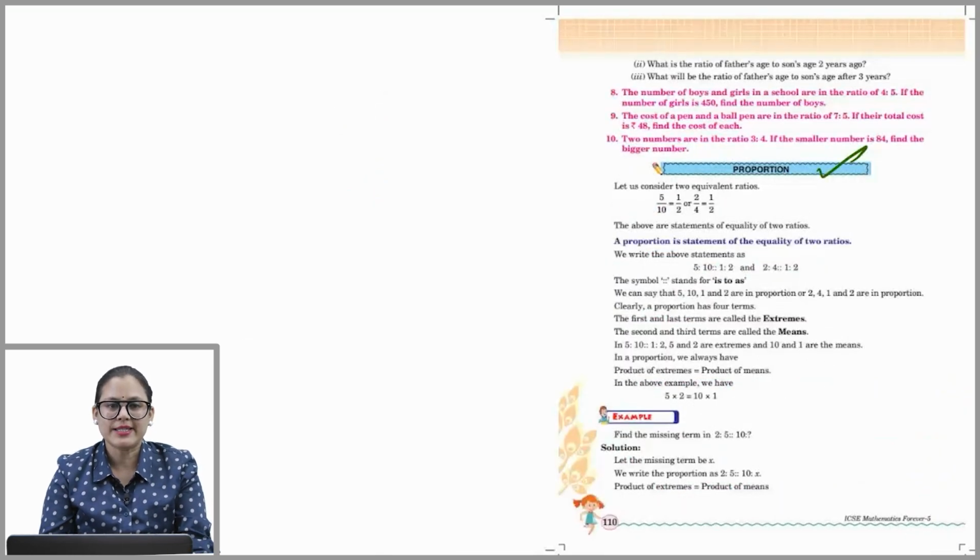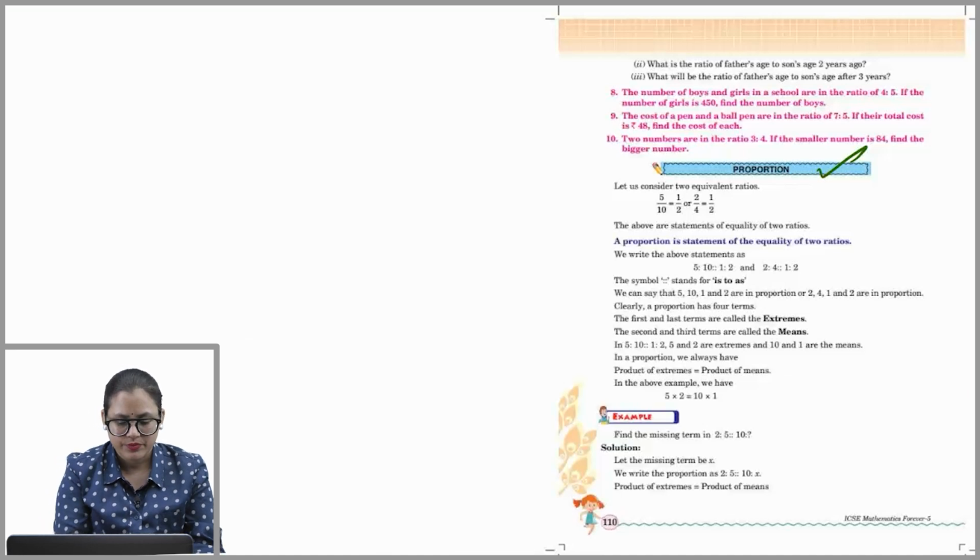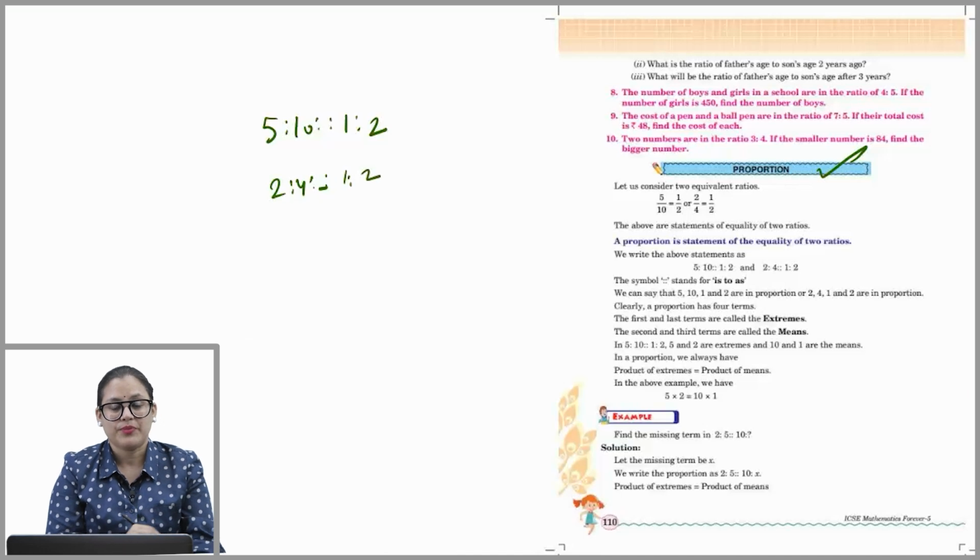Proportion. Let us consider two equivalent ratios. 5/10 is equal to 1/2, or 2/4 is equal to 1/2. The above are statements of equality of two ratios. A proportion is a statement of the equality of two ratios. We write the above statement as 5:10 :: 1:2, and 2:4 :: 1:2.